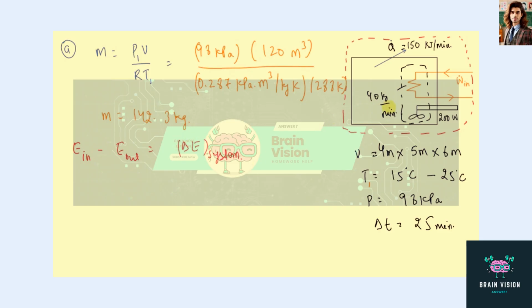So for energy in, we have the rate of work input by the electric heater plus the rate of work input by the fan. Next, heat is being lost, so minus Q out is equal to, now there is no change in potential energy and kinetic energy of the system, so it would be equal to change in internal energy of the system.